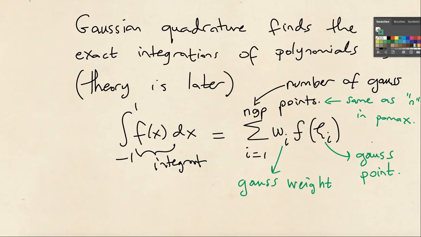What I'm going to do now is first save the values of the Gauss weights and Gauss points. Of course, I'm going to keep them in an array.